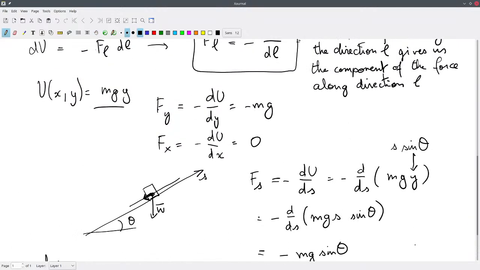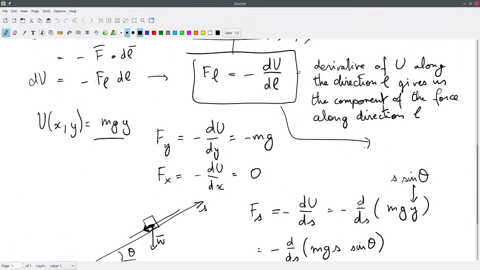In 3 dimensions, if you've done any kind of vector calculus, which I guess probably not yet, you'll see the notation that the force is minus the derivative of the potential energy, where this inverted triangle with a vector over it is the nabla symbol, which essentially gives us a derivative in 3 dimensions.